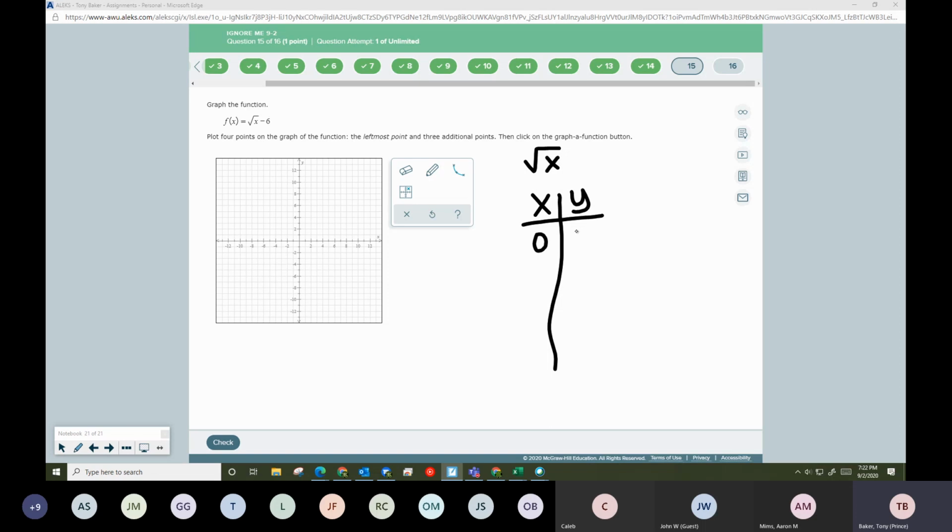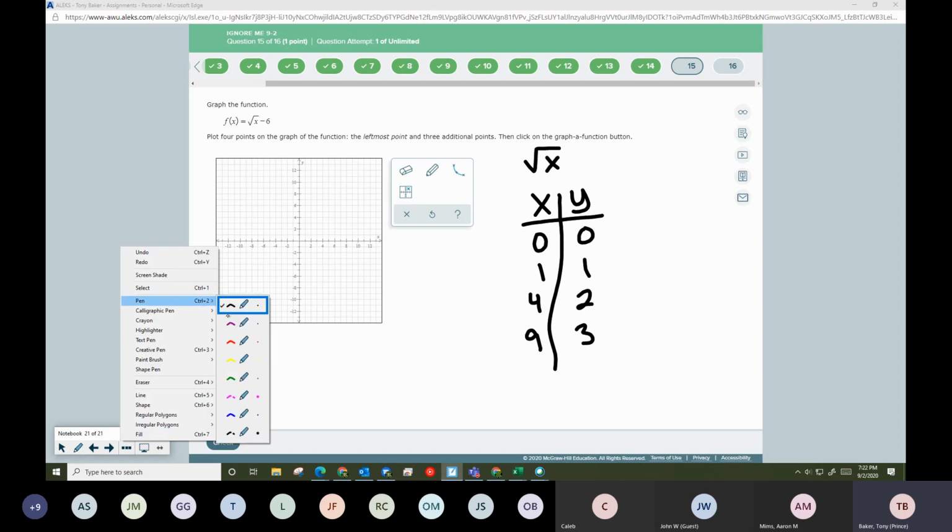So 0, I know the square root of 0 is 0. I know the square root of 1 is 1. I know the square root of 4 is 2. And I know the square root of 9 is 3. So I'm going to use 0, 1, 4, and 9 because those are really easy ones to do. Notice, however, this problem is not just the square root of x.